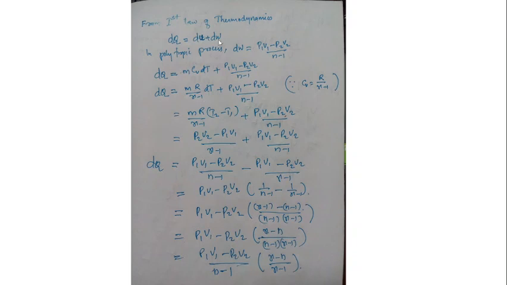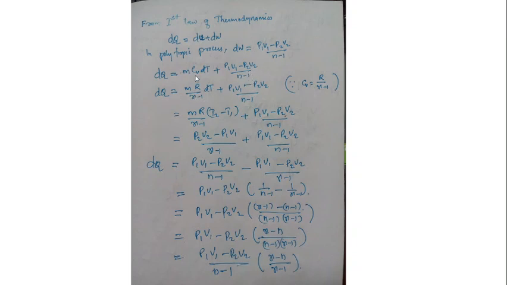From the first law of thermodynamics, dQ is equal to dU plus dW. For the polytropic process, you know that dW is equal to P1 V1 minus P2 V2 divided by n minus 1, and dQ is equal to, what is dU? dU is the change in internal energy, that is m Cv dT, plus P1 V1 minus P2 V2 by n minus 1.